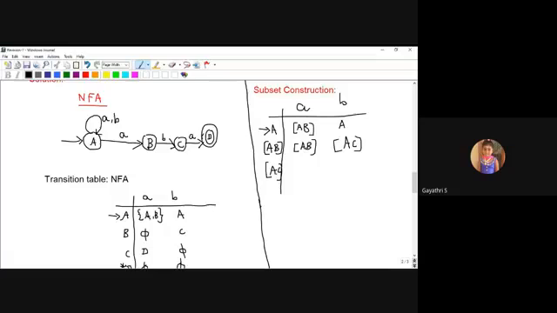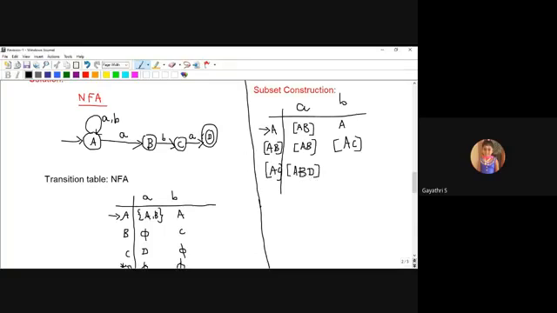Okay, AC. So AC on A means A on A as well as C on A. A on A is A as well as B, then C on A is D, right? D. A new state is added.